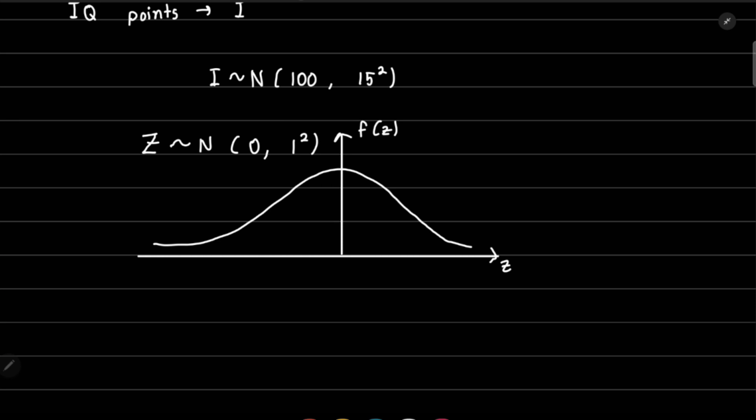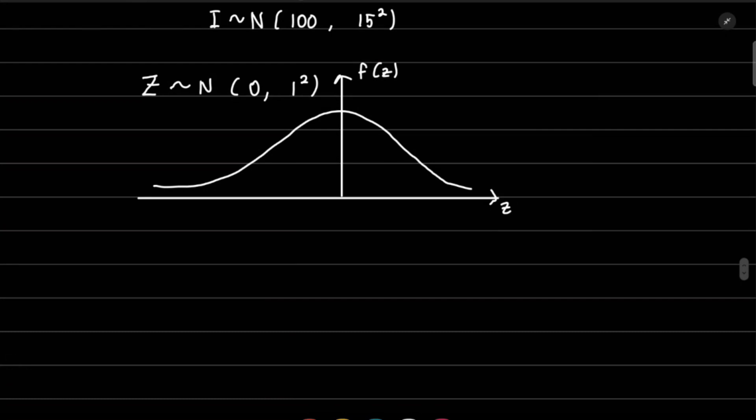The advantage is that if I have a standard curve, I can convert everything into this, and I can just use a data booklet for this. So I can have the probabilities of the standard curve's area.